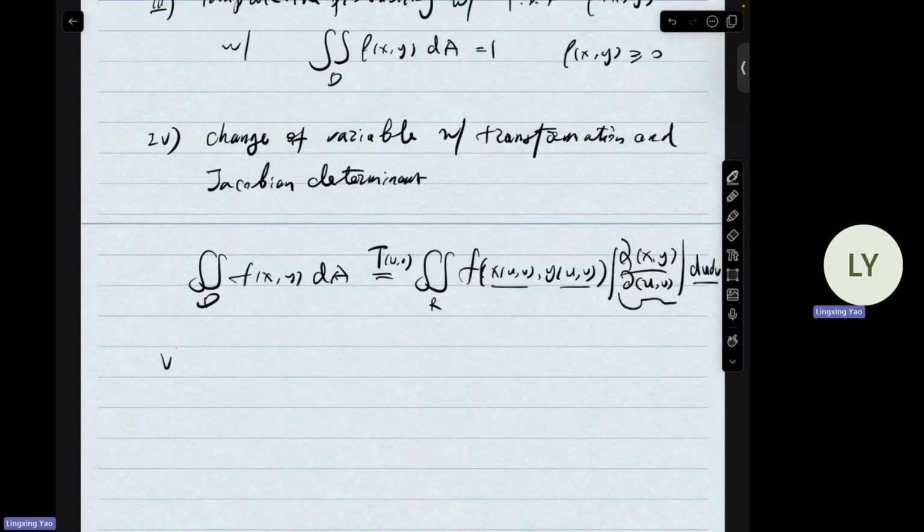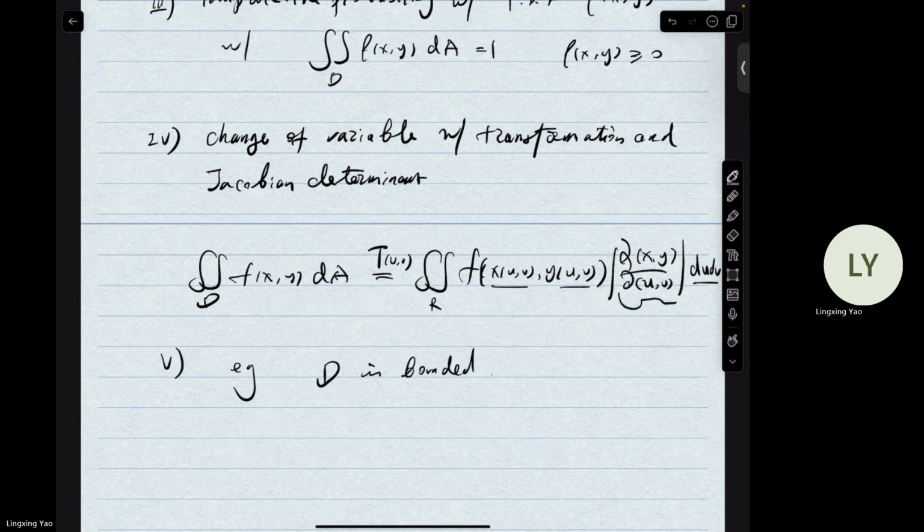Another type of question is to set up the domain of integration if the domain is bounded by a couple of curves. For example, D is bounded by x equals 0, y equals 2, and y equals x squared.